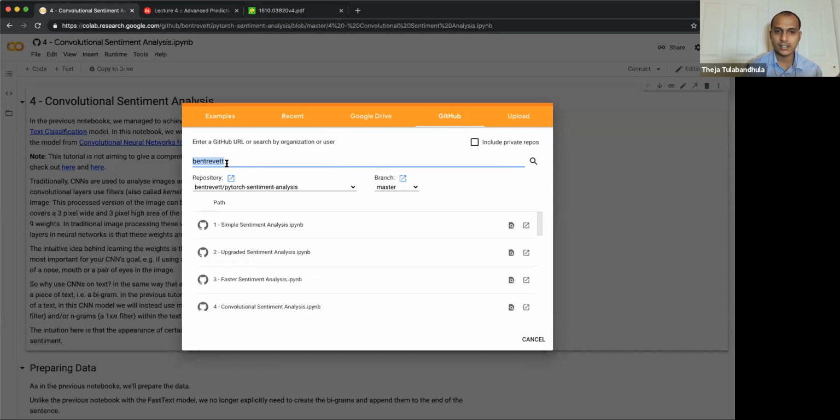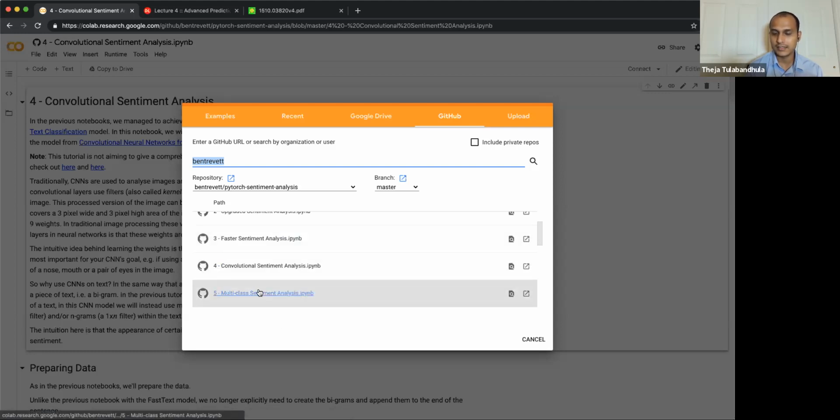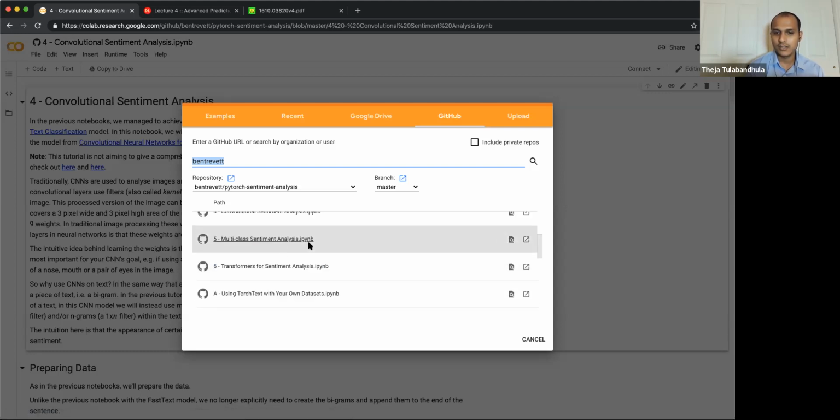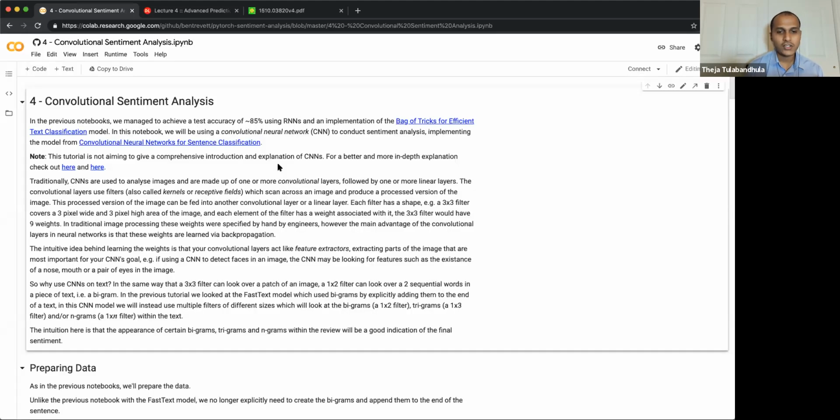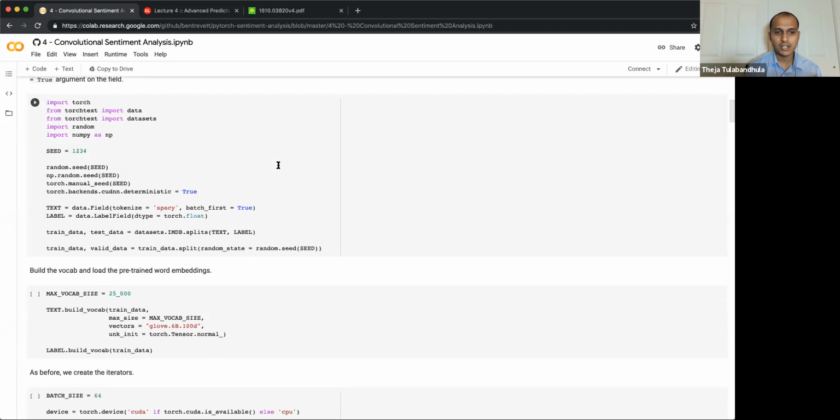That link is on our webpage, and you can just pick the fourth notebook, which is related to this. You can look at other ways to do sentiment analysis as well if you want, including, I think, transformers and so on. But if you go to here, then you actually see what the model is.